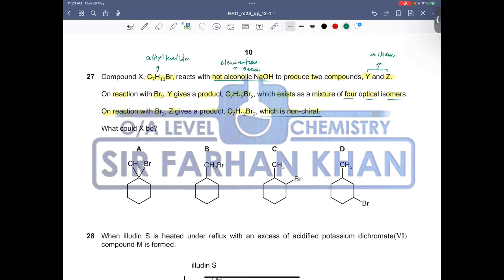We need to find out the elimination products. I think I need to use this strips so that you will get the idea of how the work will go. First I write the structure of this. This is Pr and this is CH3.